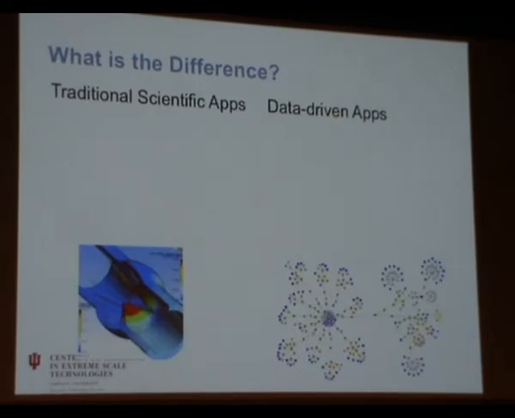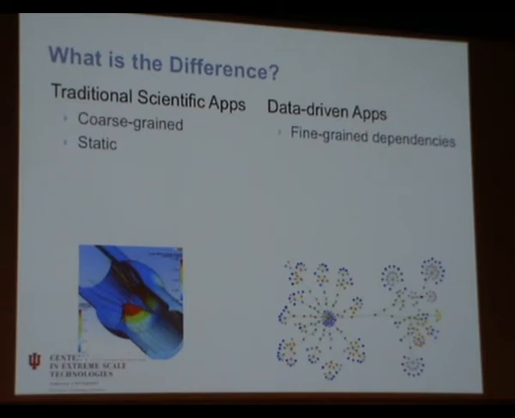And so if you look at traditional scientific applications versus data-driven ones, you start with traditional applications that are coarse-grained versus very fine-grained dependencies, single-element computations in data-driven applications. Traditional scientific applications tend to be static or nearly static.